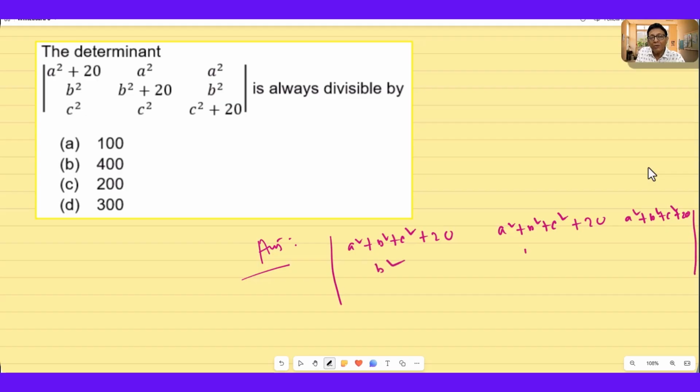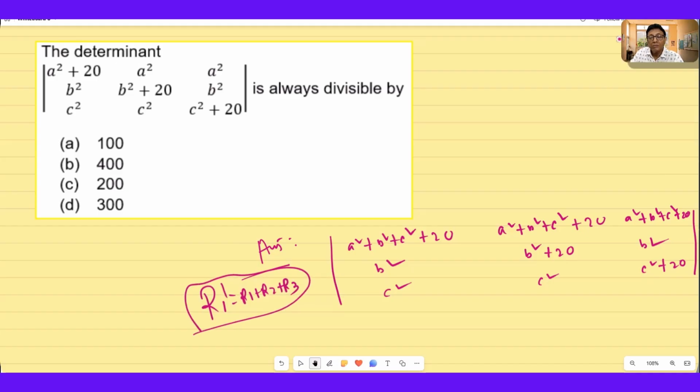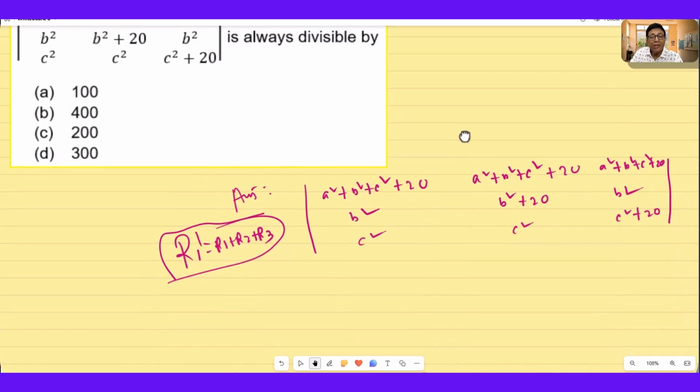This is b square and again b square. So we have used R1 dash equal to R1 plus R2 plus R3. Now take this thing common. Then what do you get? 1, 1, 1.